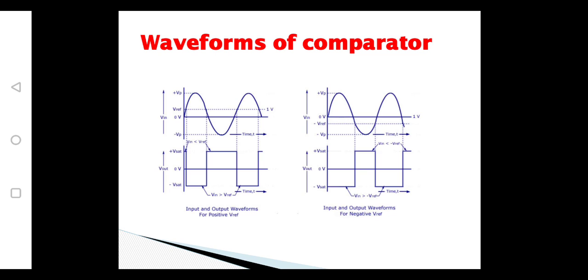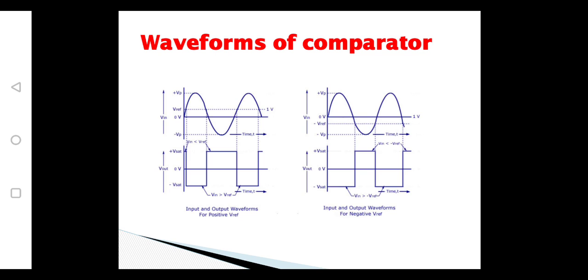These are the waveforms of a comparator circuit. The input is a sine wave, and for the first figure we are assuming that the reference voltage is a positive reference. Depending upon the input we give and the type of reference we give, the comparators may be inverting comparator, non-inverting comparator with positive reference, as well as the same with negative reference.